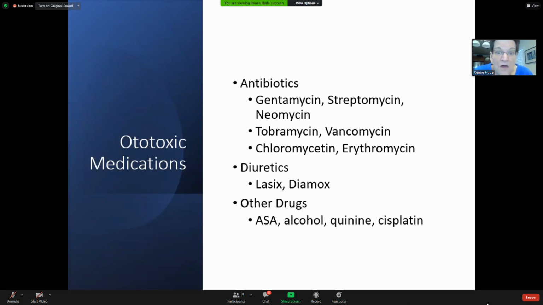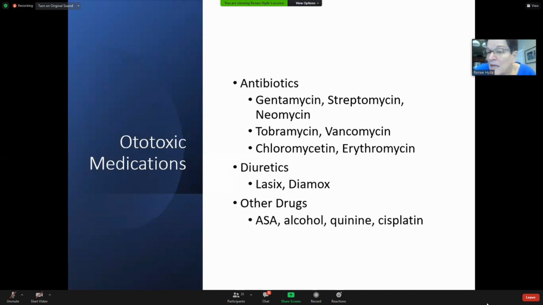Now, let me give you another key point, guys. If it is an ototoxic drug, 9 times out of 10, it can also be toxic to the kidneys. Why? Well, if you look back at your fetal development, the ears and the kidneys form about the same time.